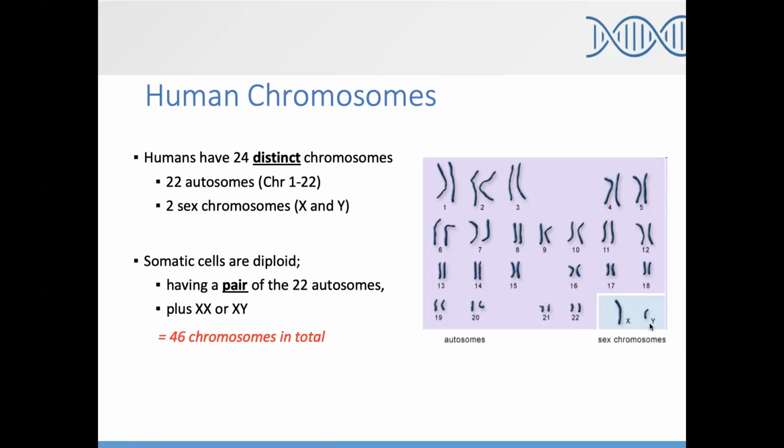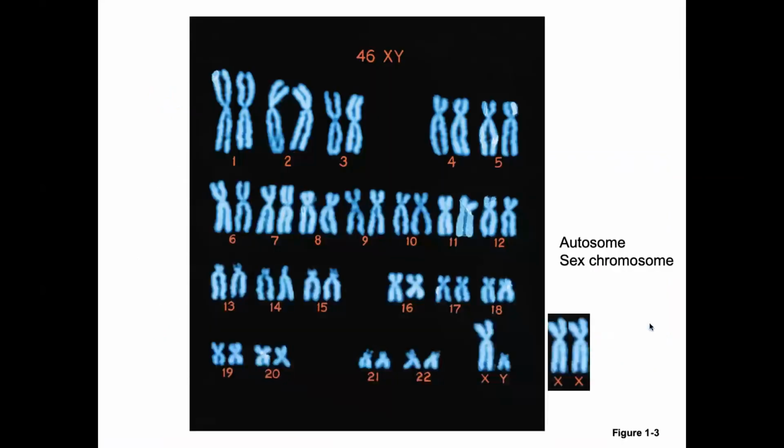And for a female, you would have 2 copies of the X chromosome. So again, because this paired set of chromosomes distinguishes between male and female, we call those the sex chromosomes.